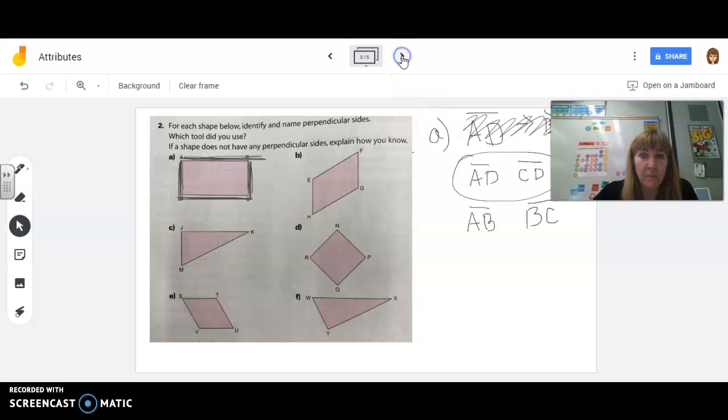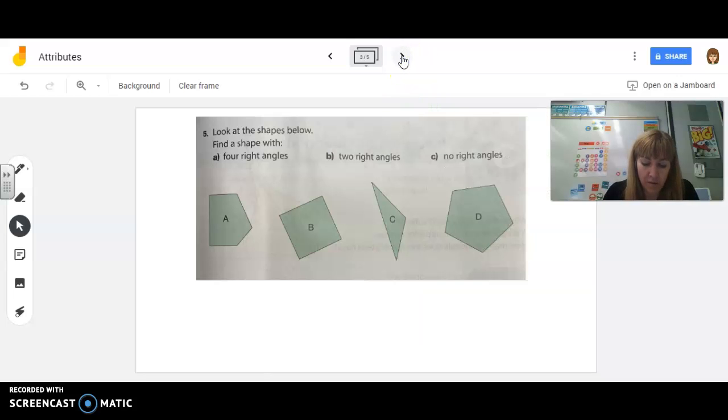The next page I want you to do is this one. And look at the shapes. Find the shape that has 4 right angles. Now, if you have a tiny piece of paper like this with a 90-degree corner in it, you can try to fit this bottom corner into the shape to see if it is 90 degrees.